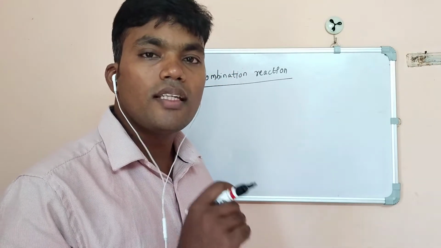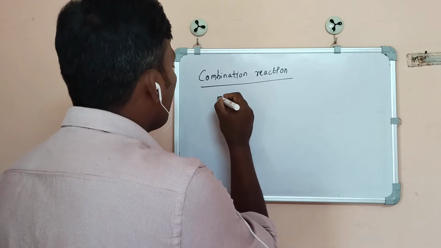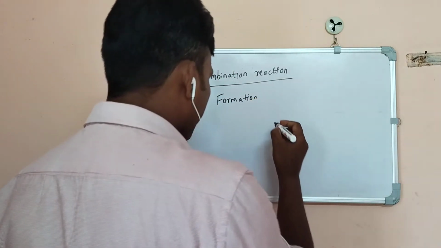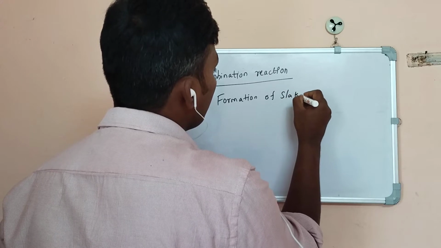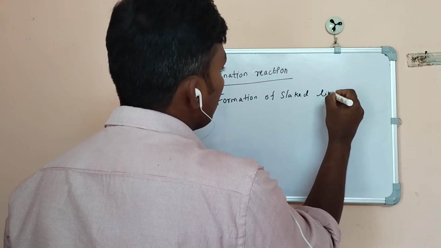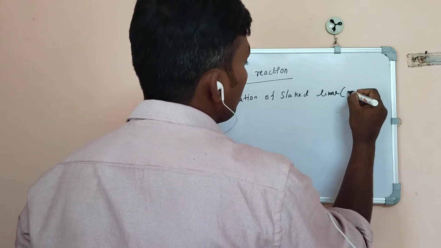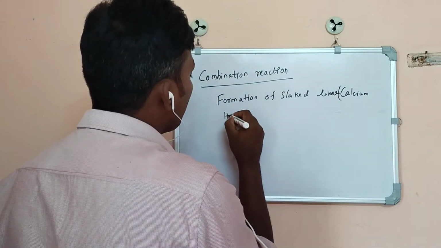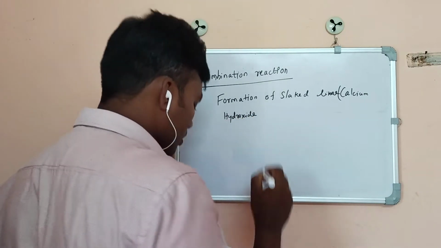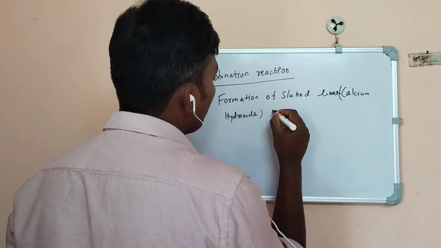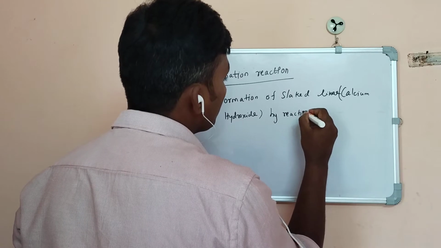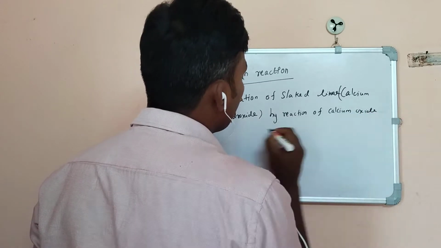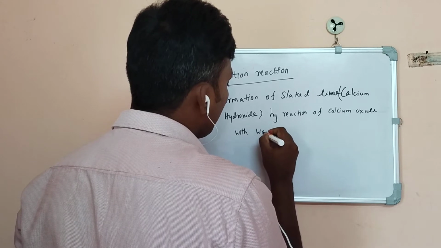In your notebook you can see one example: formation of slaked lime. Slaked lime means calcium hydroxide, formed by the reaction of calcium oxide with water.